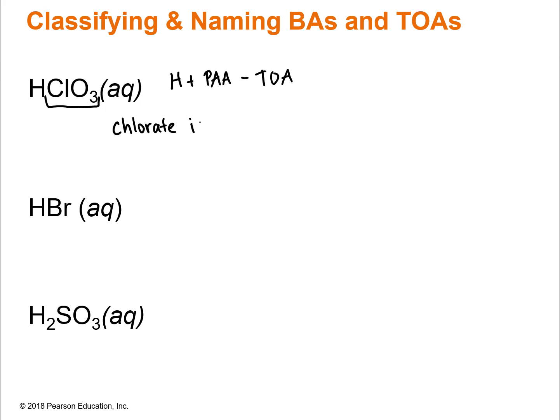It is the chlorate ion. For an ATE anion, you're going to get rid of the ATE and replace it with IC. Replace ion with acid. So your first one should be chloric acid.